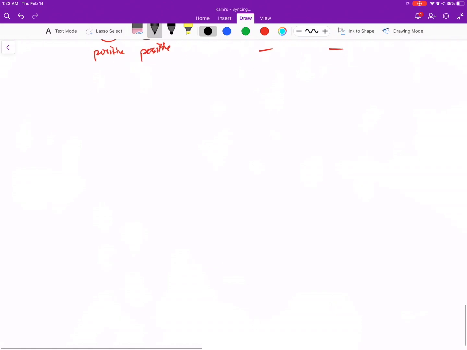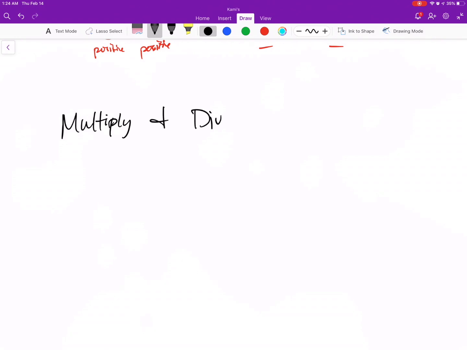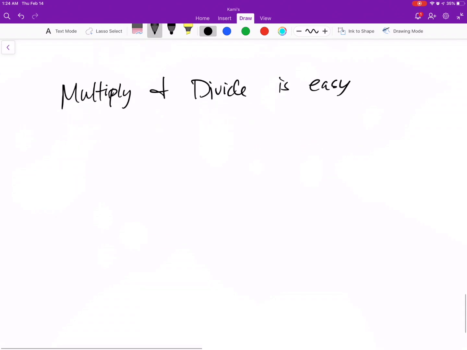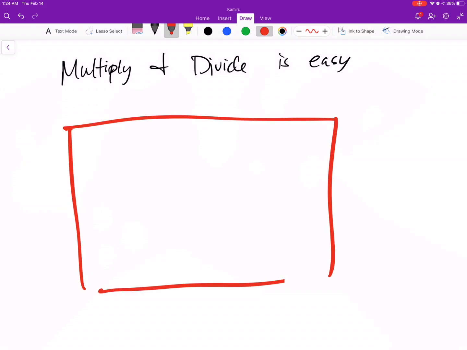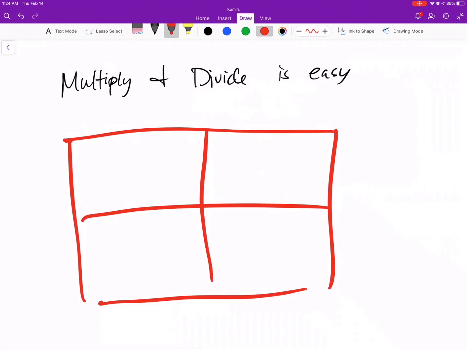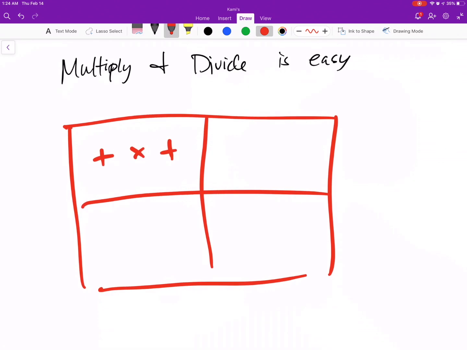Okay. Multiply and divide is easy. So, you need to know this chart. If you multiply two positives together, you get a positive.